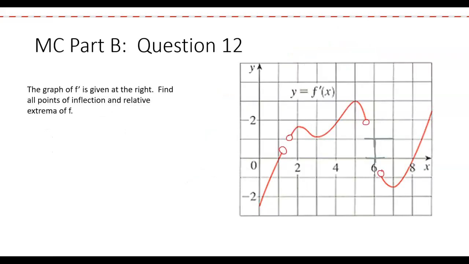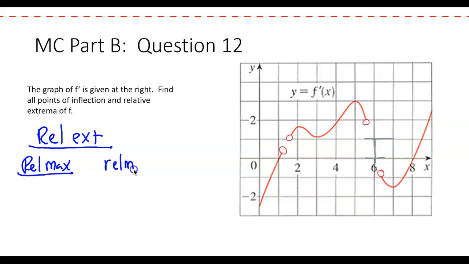All right. Similar question, but this time instead of a table, we have a graph. So they're asking me to find points of inflection and relative extrema. So let's see if we can find the relative extrema first. A relative max and a relative min. Relative maxes happen anytime f prime changes from positive to negative.